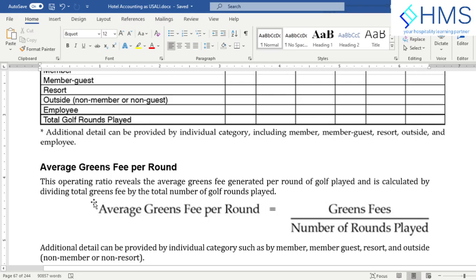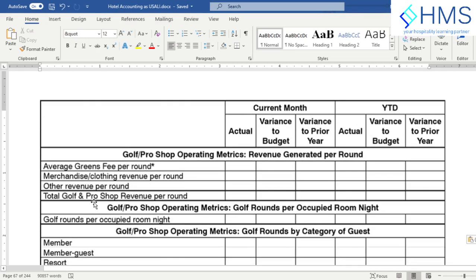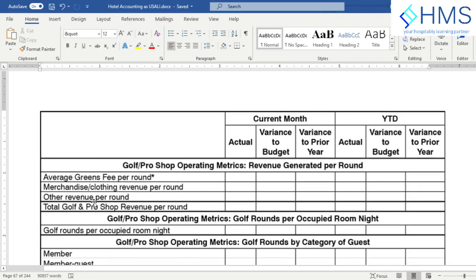So this is the calculation formula for calculating how many rounds the people are playing, so that we can know if we are getting enough green fee revenue, enough merchandise revenue, or other revenue per round, so that we can measure how effective we are in upselling the skills.